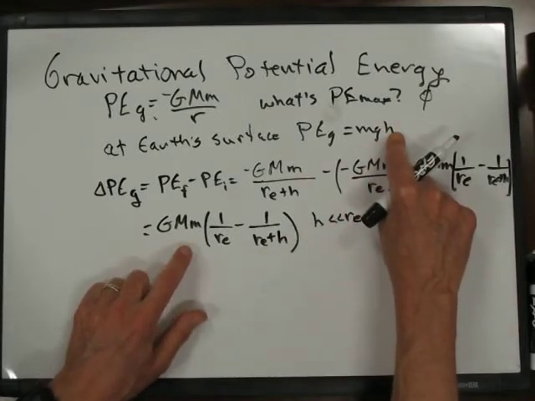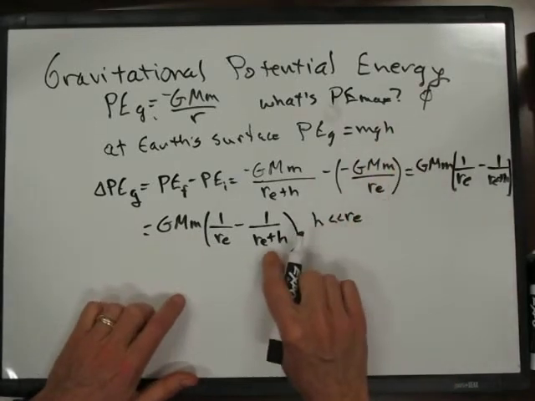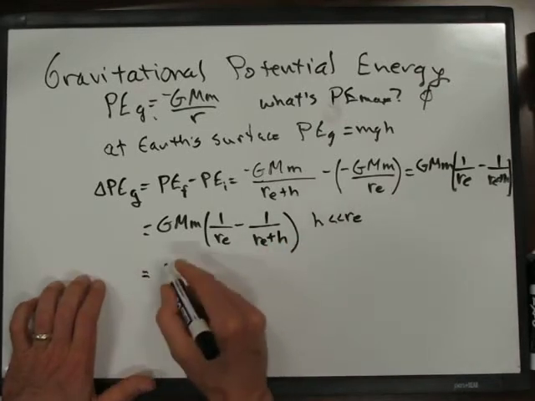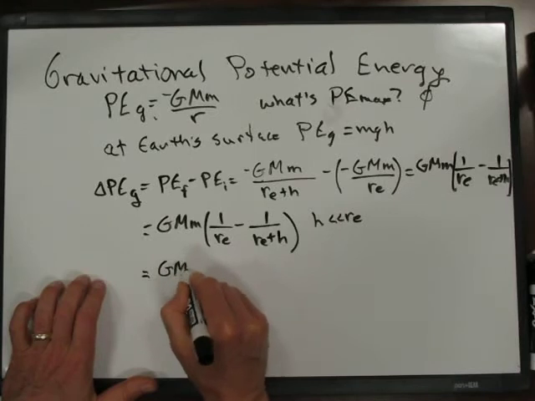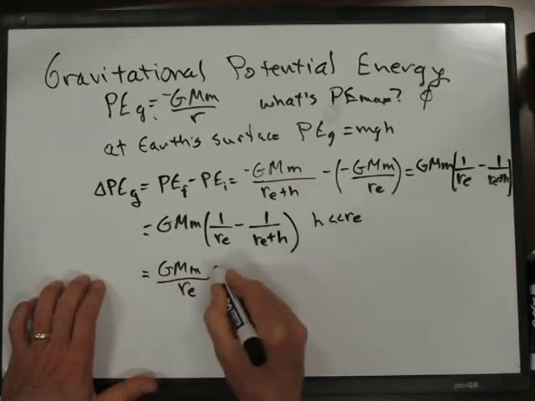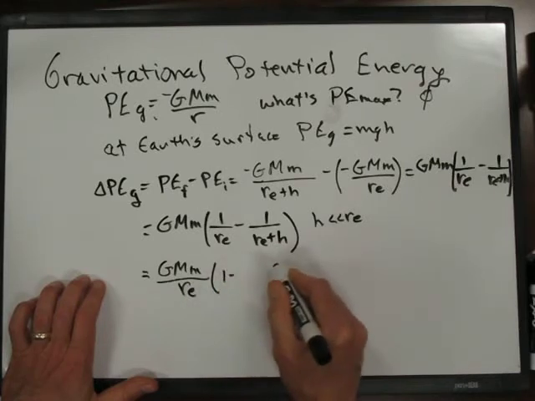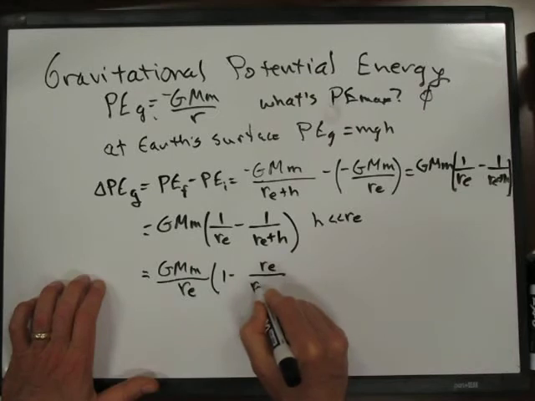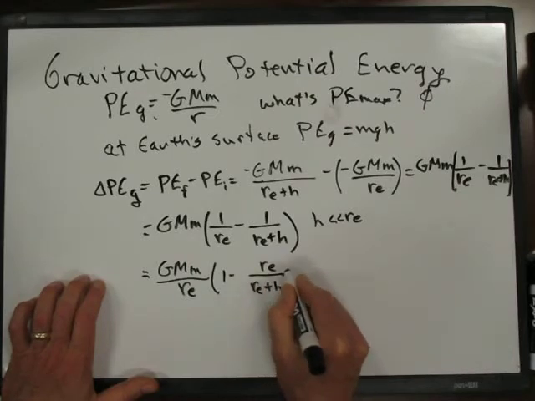And so if we make this approximation, we can just do a little math on this. This is G times the mass of the Earth. I can pull a factor of 1 over RE out, and this becomes 1 minus RE over RE plus h.